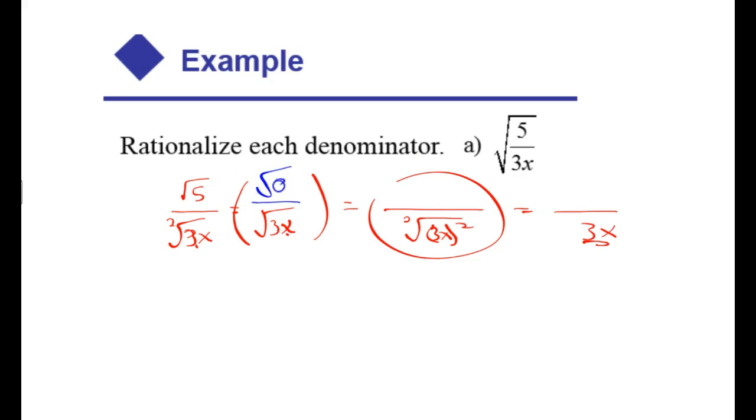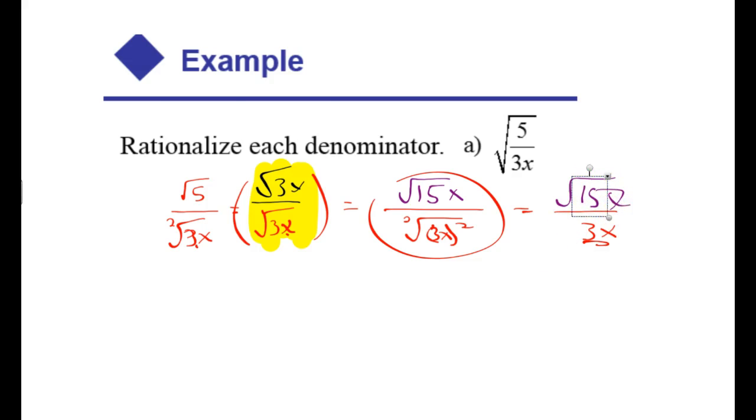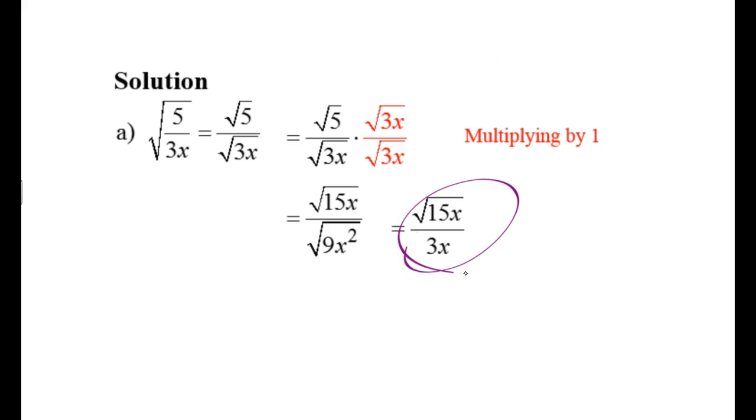But if you multiply the denominator by the square root of 3x, you have to multiply the numerator by the square root of 3x, because remember, the whole goal is to multiply by a yellow 1. Up top, we'll just get the square root of 15x, and I don't think I can do anything. Although it looks tempting to cancel the 15 and the 3, we cannot. So the final solution is, yep, just leave it: the square root of 15x divided by 3x.